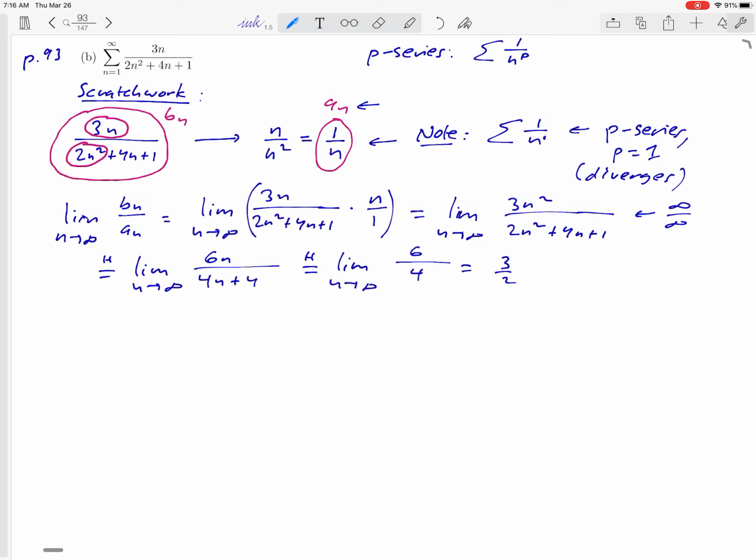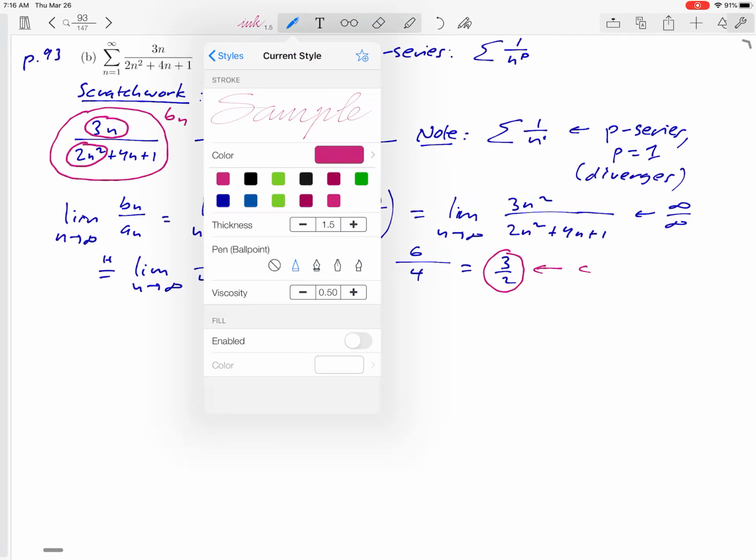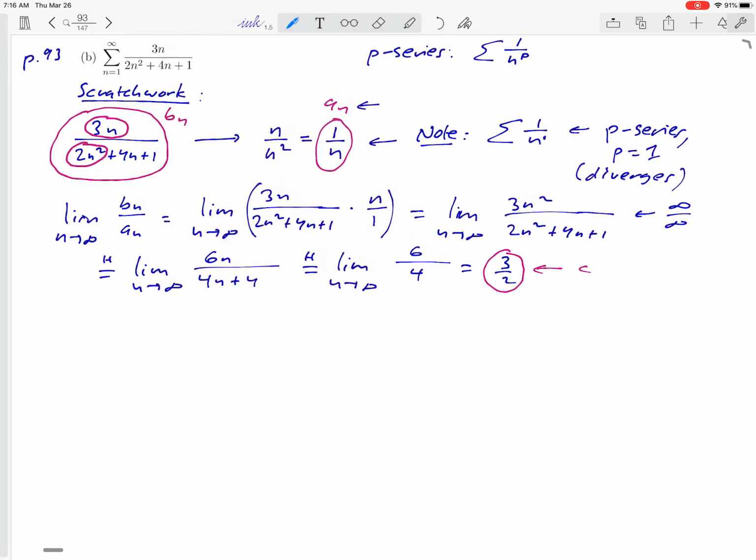And so we get down to just 6 over 4, which reduces to 3 over 2. And that 3 over 2 that we just calculated, that's the number that we refer to as c when we're using this test. Notice that that c is positive and finite, and that's what we want. That's a successful limit comparison test.